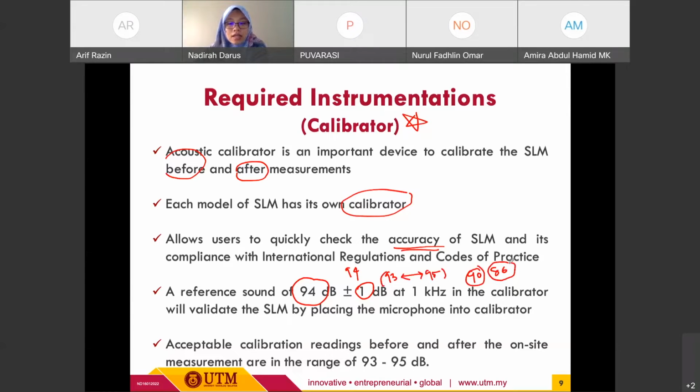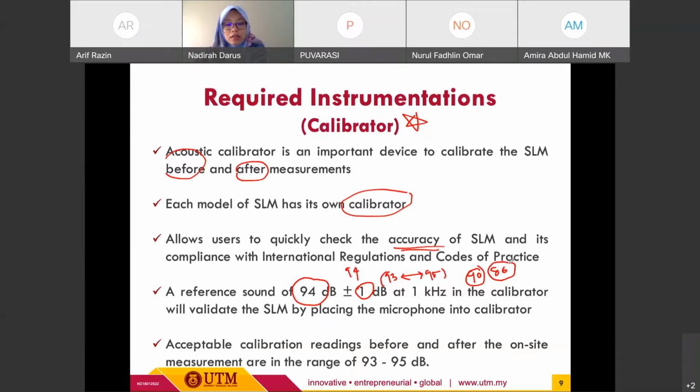Kalau masih lagi dia punya margin difference tu quite tinggi, dengan sepatutnya 93 ke 95, however the actual calibrated value is about 80 something, so alat tu ada dia punya rosak kat mana-mana.